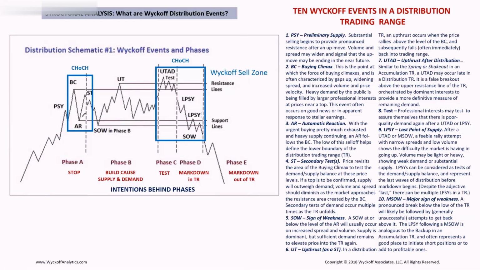As weak hands are buying on the way up, imagine what happens to them on the next reaction. They're basically saying, this is probably the wrong position for me to be in. And it's going to get them out of this position, maybe on the sign of weakness, maybe on the secondary test, just because there was a reaction and they were expecting more of the move to the upside.